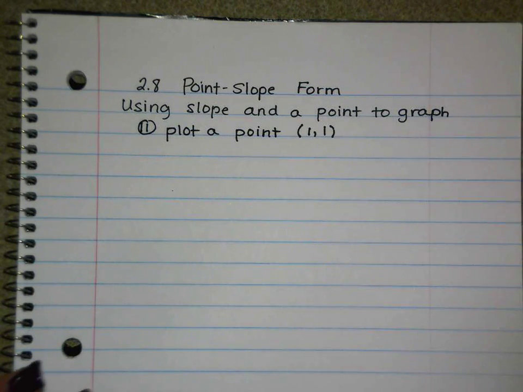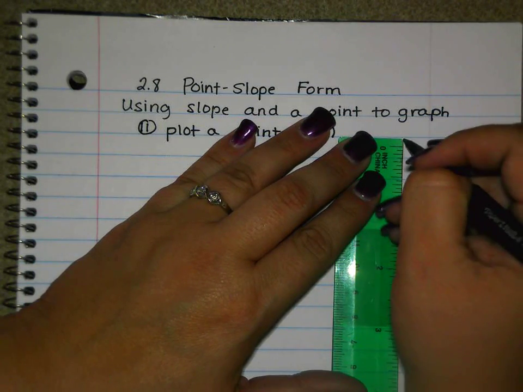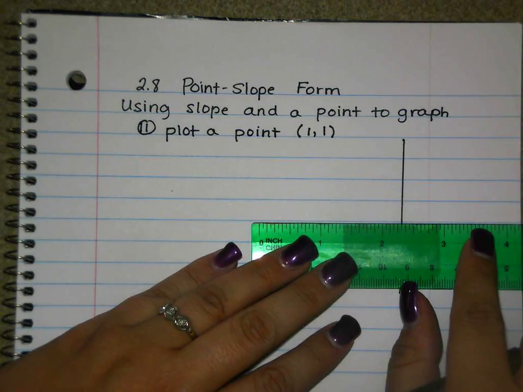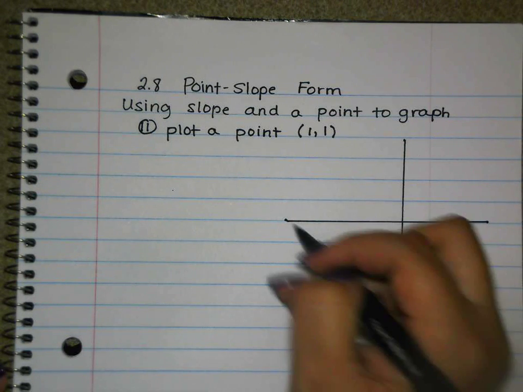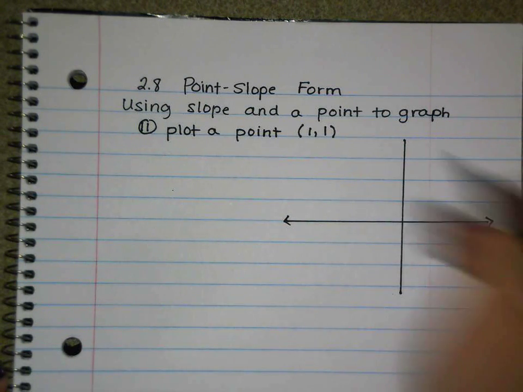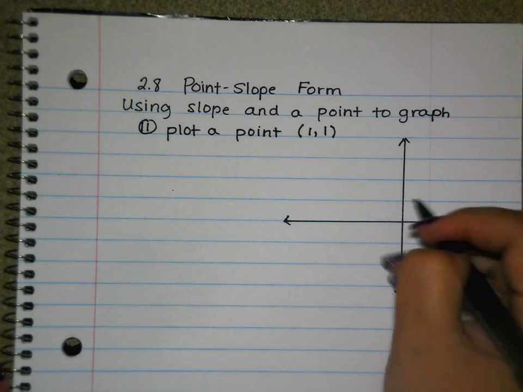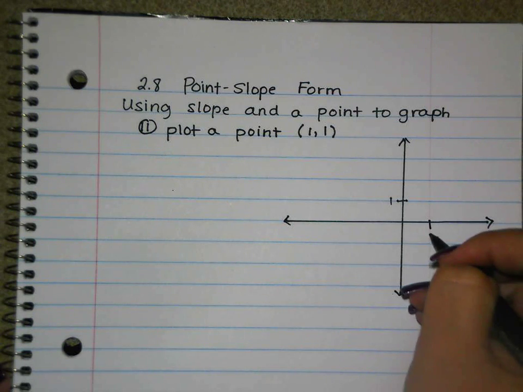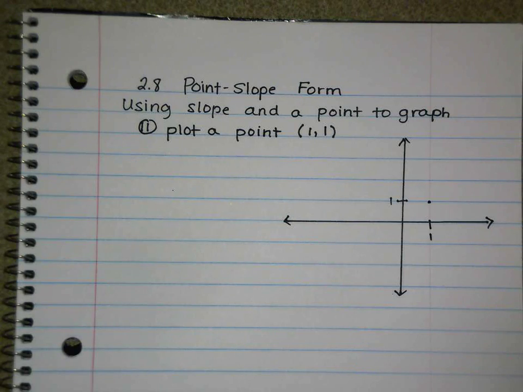We're going to need some kind of graph, so I'm just going to draw a sketch of a graph on my paper, and you probably want to draw a sketch on your paper to help you know what you're doing. Here's my sketch with my y-axis and x-axis. About here is 1, and here is 1, thereabouts. So I'm going to plot my point (1, 1).